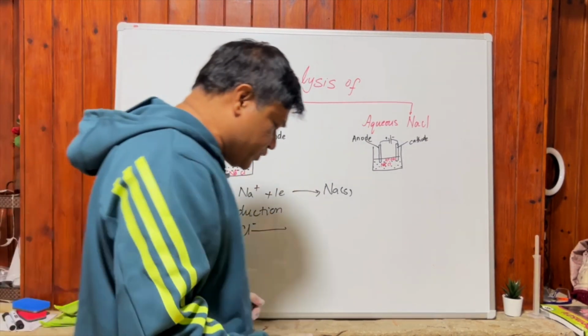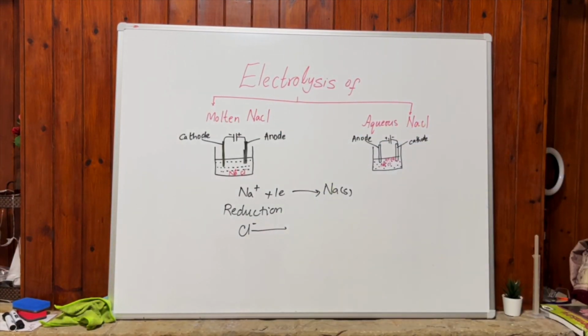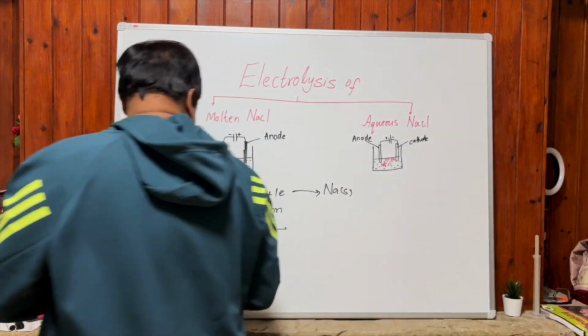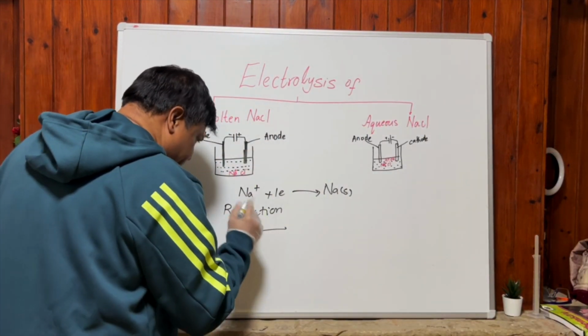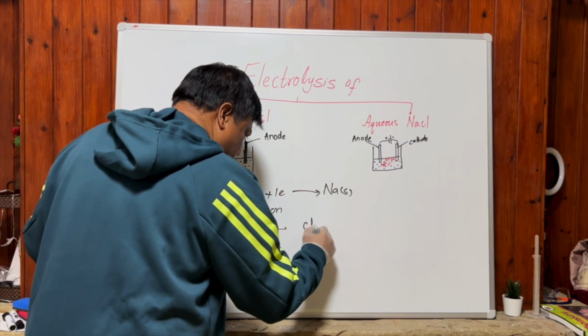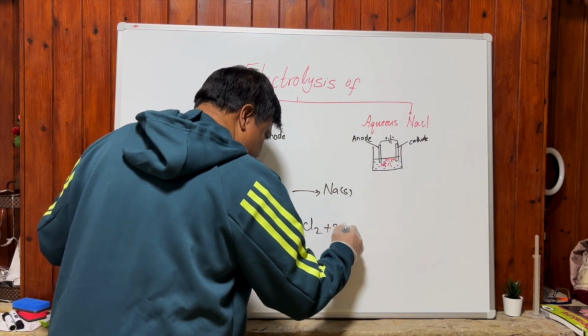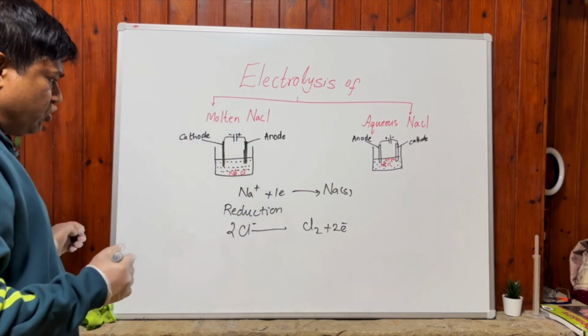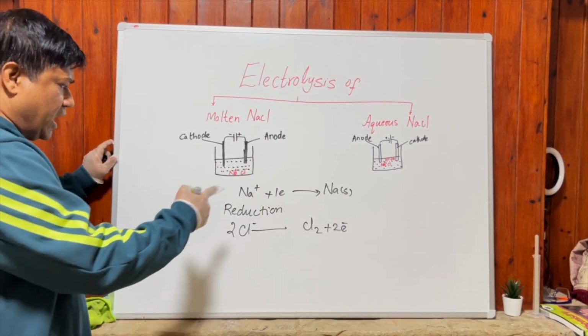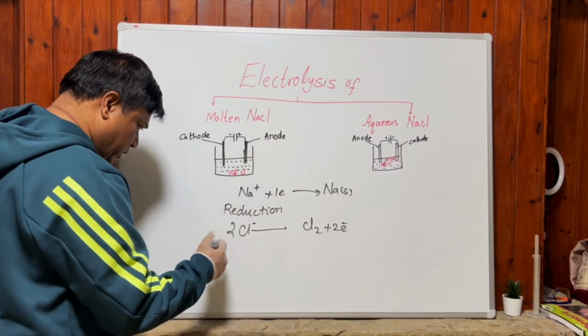It's a salt, so we have so many NaCl. Taking two chlorides, you get Cl2 gas plus 2 electrons. Chlorine loses electrons and sodium gains electrons.